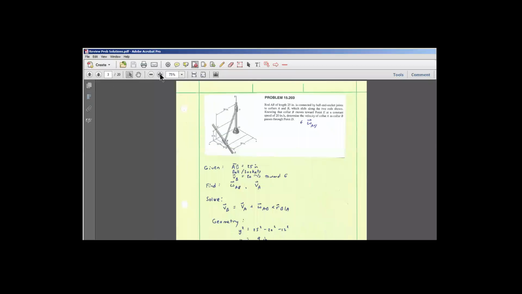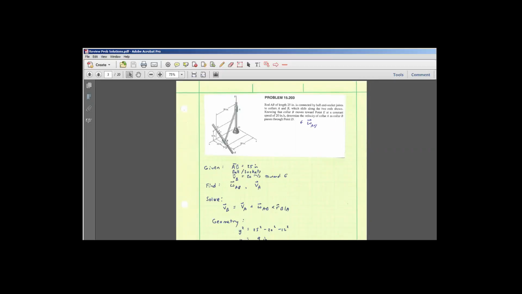So let me zoom up a little bit. This is just one where, in the end, it's actually not too bad at all, because all you have to do is start out and say the velocity of A equals the velocity of B, just like the stuff we've done before. In this case it's going to have 3 different components. But the thing we know is the direction VA and VB are both going.